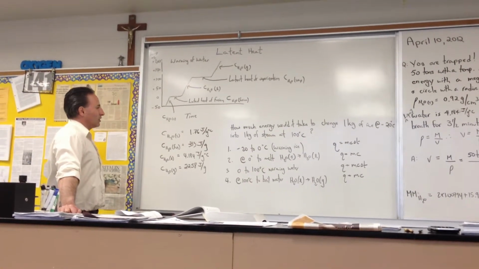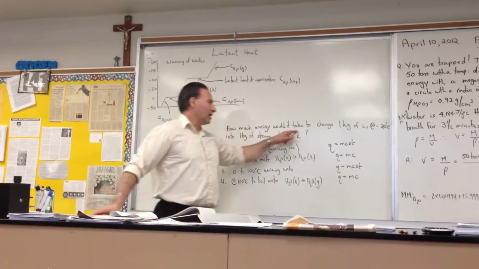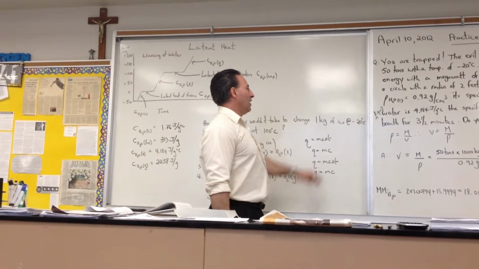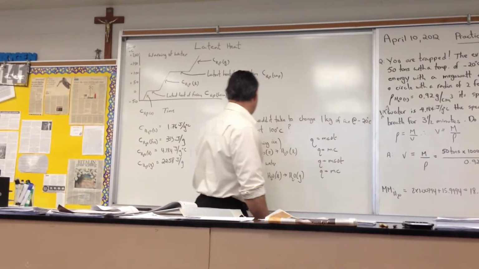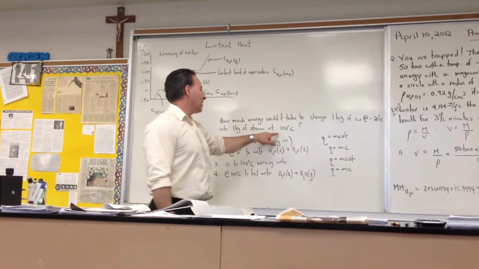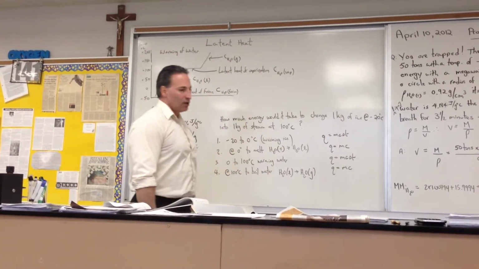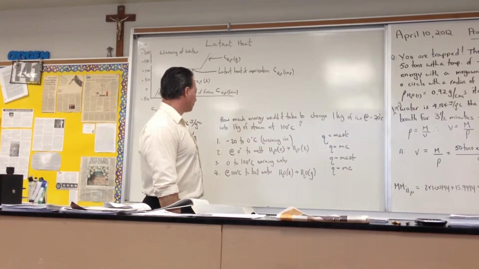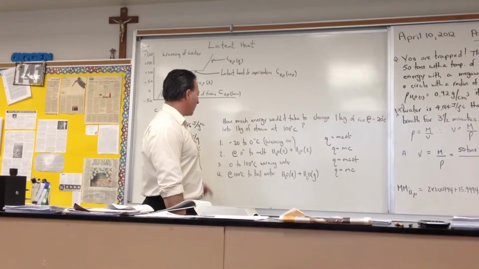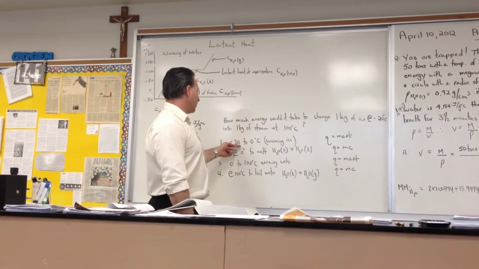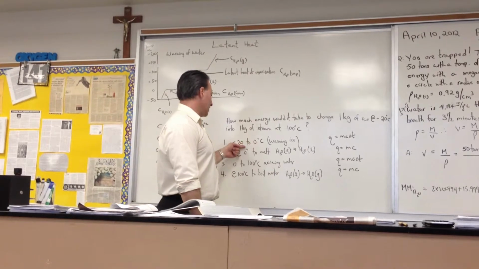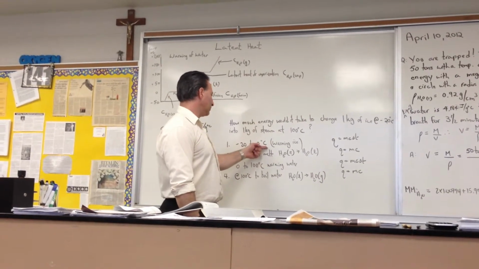So if you wanted to calculate, for example, how much energy it would take to change 1 kilogram of ice at -20 degrees Celsius into 1 kilogram of steam at 100 degrees Celsius, you would have to perform 4 calculations. The first calculation would involve the warming of the ice from -20 to 0.